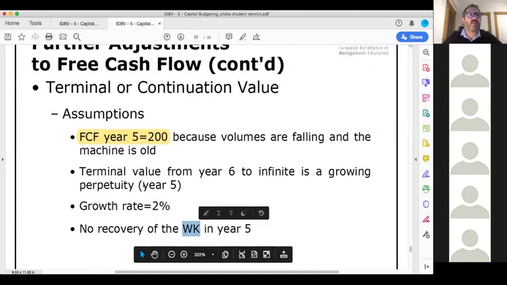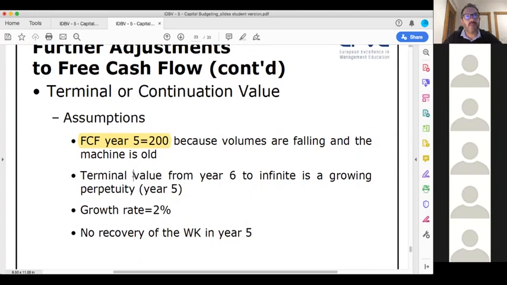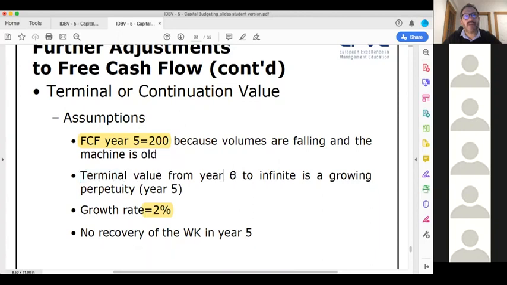So I would like you to calculate the new NPV under that scenario. So you consider that the free cash flow year 5 would be 200, and that will grow at a rate of 2%. So that's a growing perpetuity. So you need to calculate the present value of the growing perpetuity. It's from year 5 to infinity, calculated in year 4.